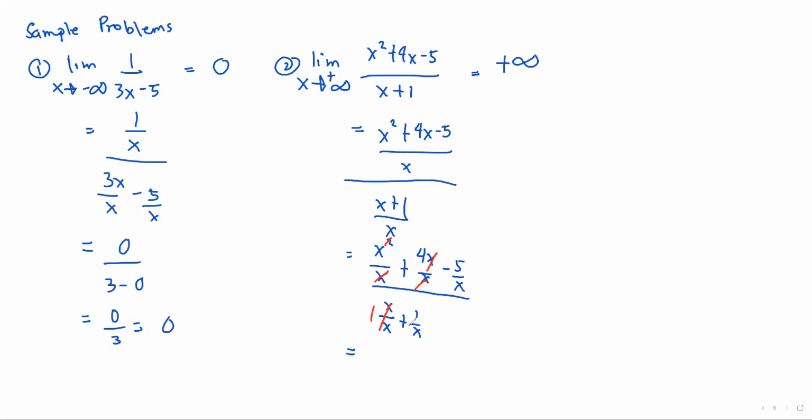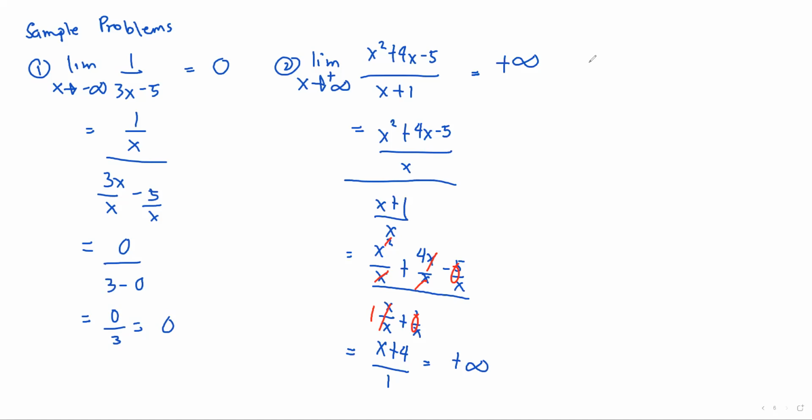Lahat ng may mga natirang variable sa baba, magiging 0. Okay? So, magiging final answer is x plus 4 over 1. And technically, any number na x approaches to positive infinity, of course, magiging positive infinity. Okay?